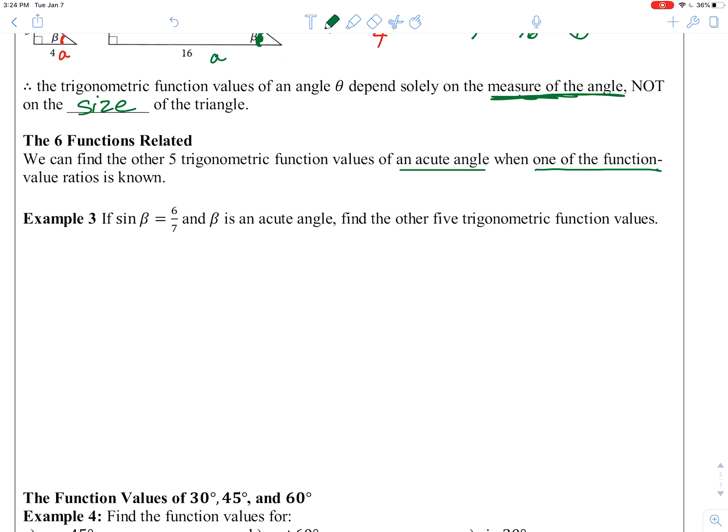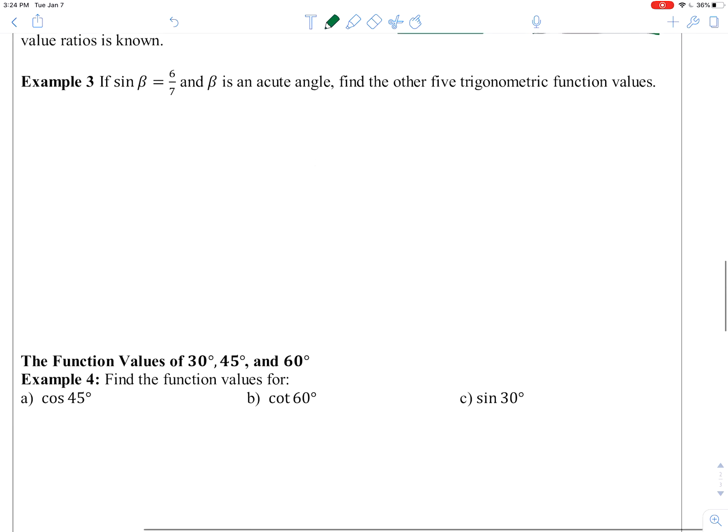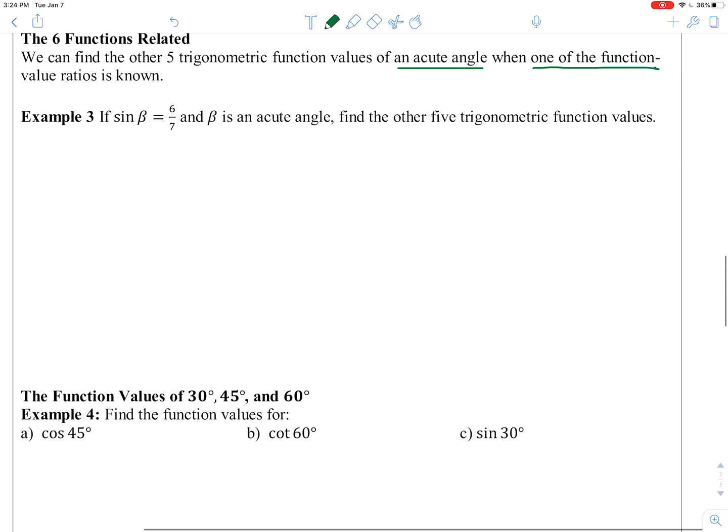So this problem says if the sine of beta is 6/7 and beta is an acute angle, find the other 5 function values. So what I do is I sketch out a right triangle. Beta is an acute angle, so I know it's not the right angle, and I know the opposite over the hypotenuse because it's given me the sine. So I just sketch a right triangle.